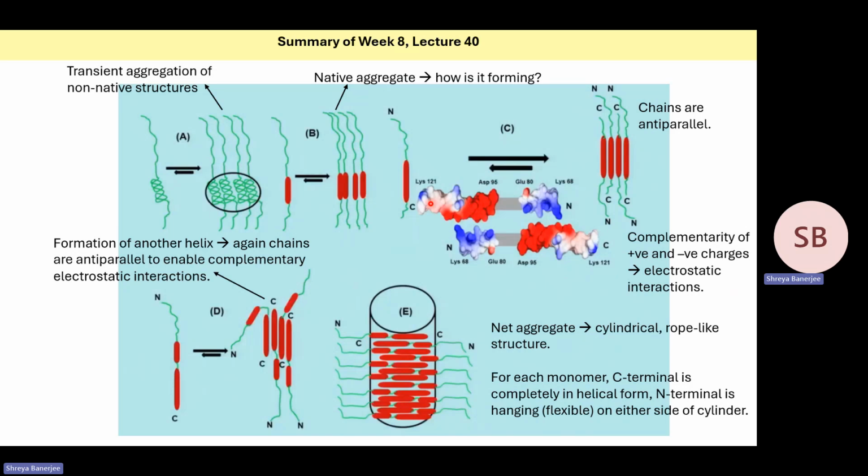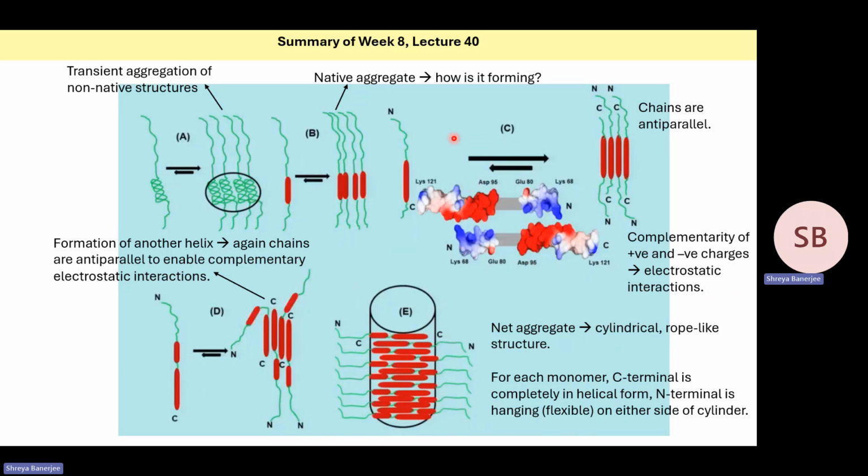So imagine two molecules that are aggregating. You have electrostatic potentials shown. This is a lysine which will have a positive charge, aspartic acid which will have a negative charge. So positive-negative interactions. Again, glutamic acid with a negative charge, lysine with a positive charge, positive-negative interactions. So complementarity of electrostatic interactions can help in the association.